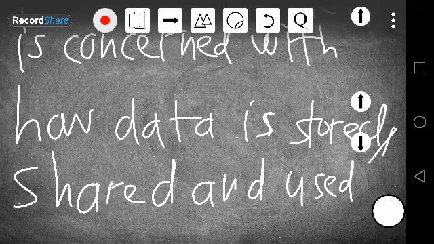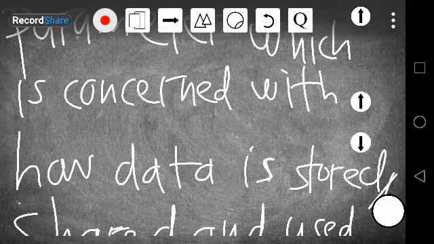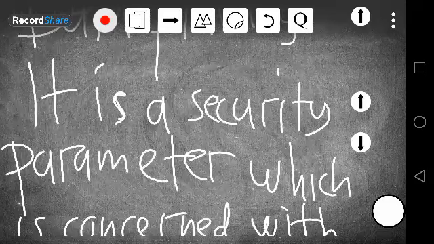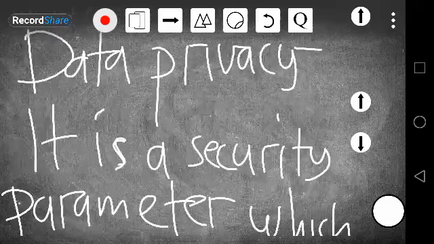All right, that is what is known as data privacy.